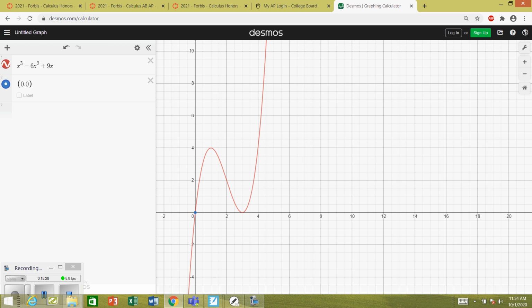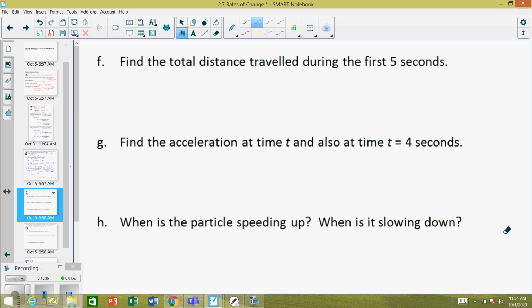So keep this graph in mind. If I were to graph this, I'm going to pull this graph over here for us so we can see what's going on. All right, this is 0 to 5.